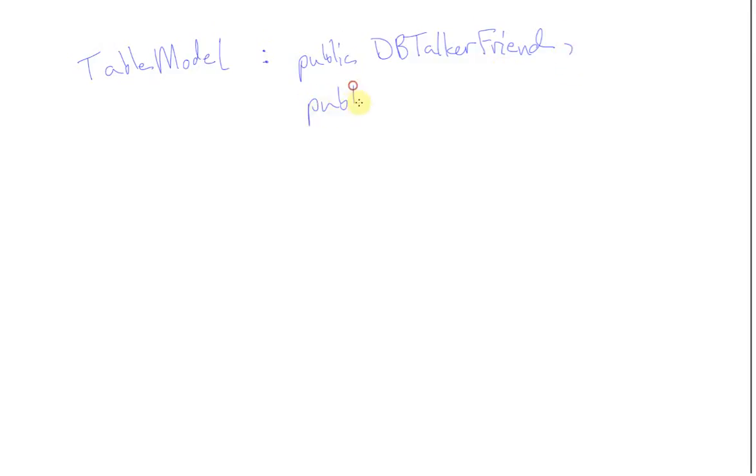So I wanted to do it like this: public DB Talker friend, and then public Q abstract table model.